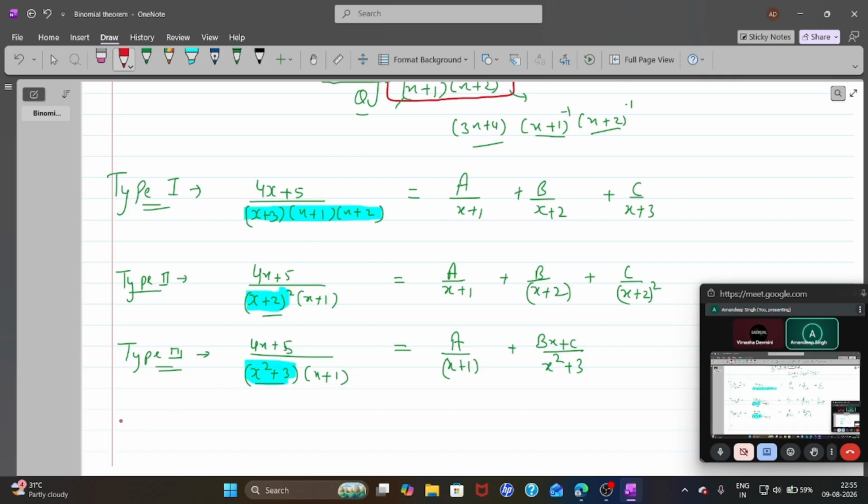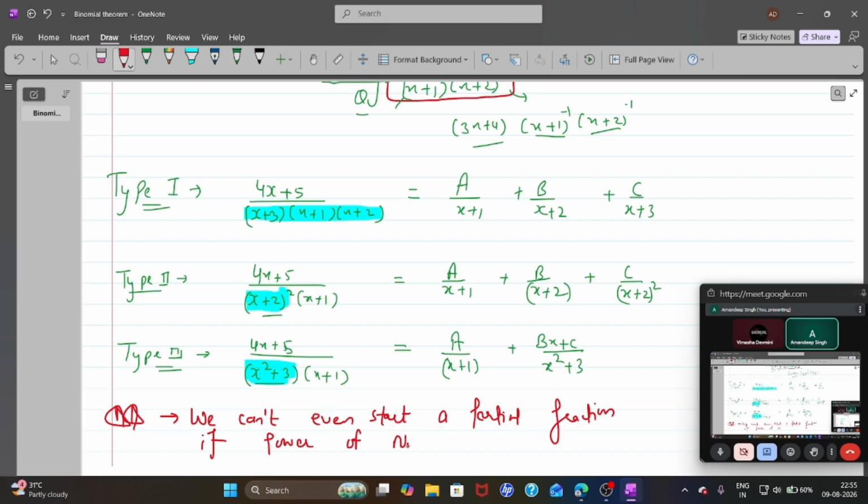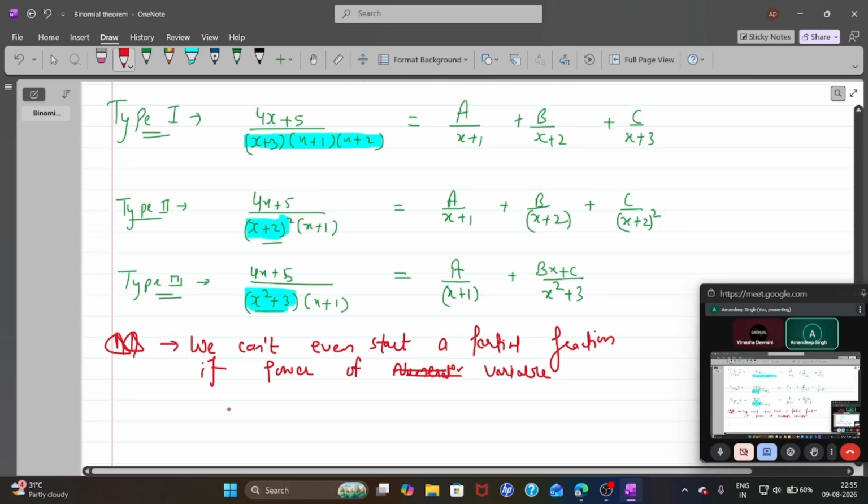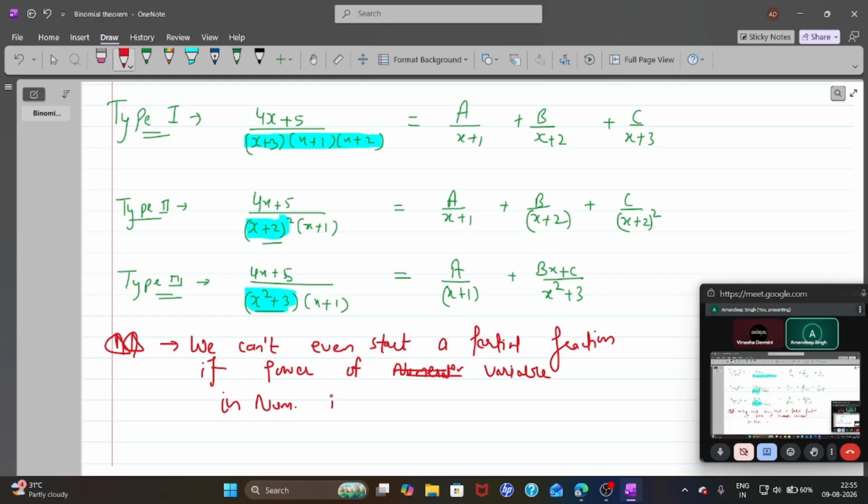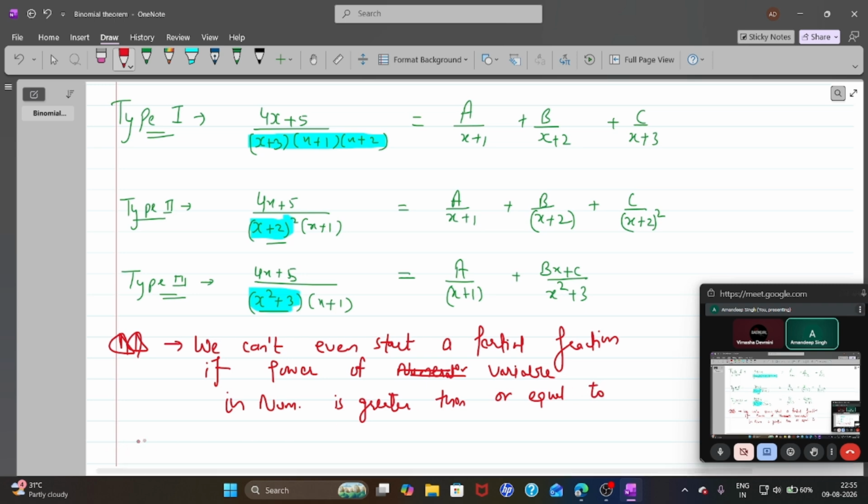And one most important point is we cannot even start a partial fraction if the power of variable in numerator is greater than or equal to the denominator.